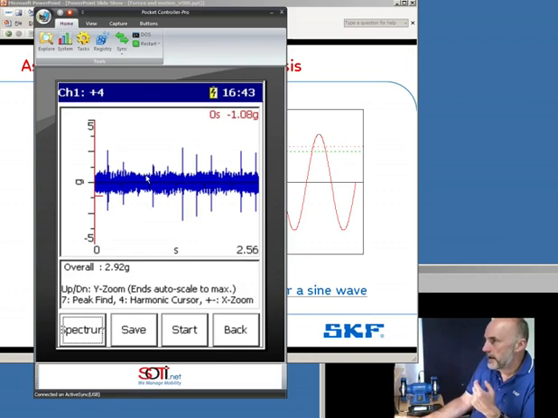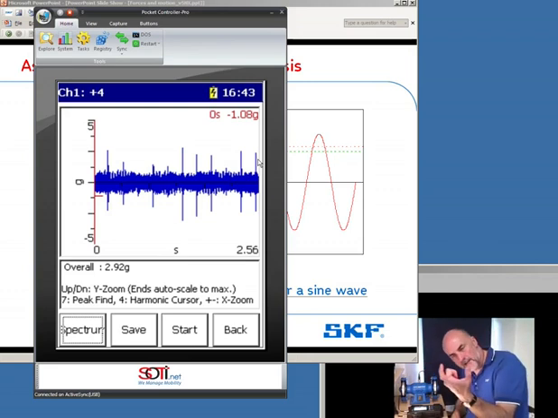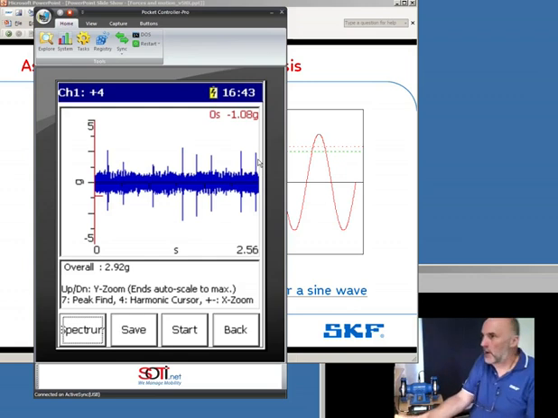But let's count them. We've got 1, 2, 3, 4, 5, 6, 7, 8, 9, 10, 11. I tapped the machine 11 times during that 2.5 second period. So you've got 11 big numbers in amongst 50,000 smaller numbers. And when you take the average of that, the averaging process will destroy altogether these peaks that you see.